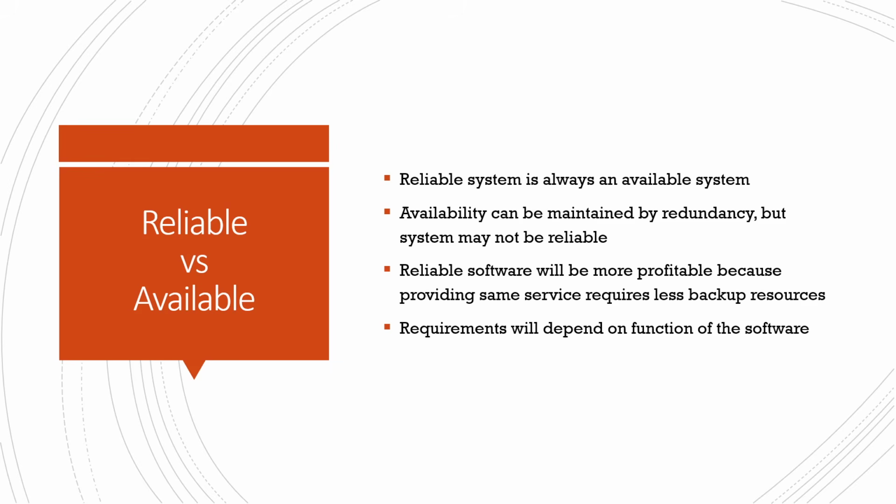One thing also is that the requirements, like the service level agreements and the availability, are going to depend on what exactly the purpose of your software is. In some cases, like social media, it's not exactly the end of the world. If you try to create a post and it fails, it's not a terrible disaster.